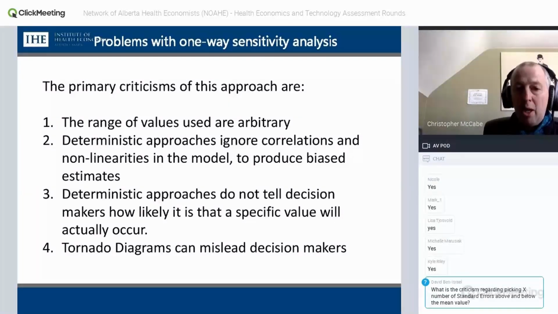And so just showing decision makers that there is a possible value that exists that would change the decision is unhelpful.